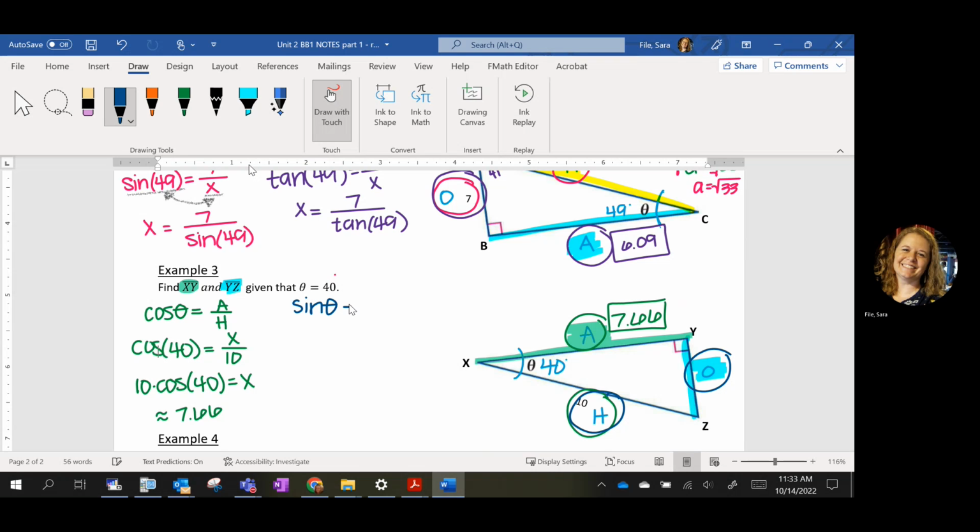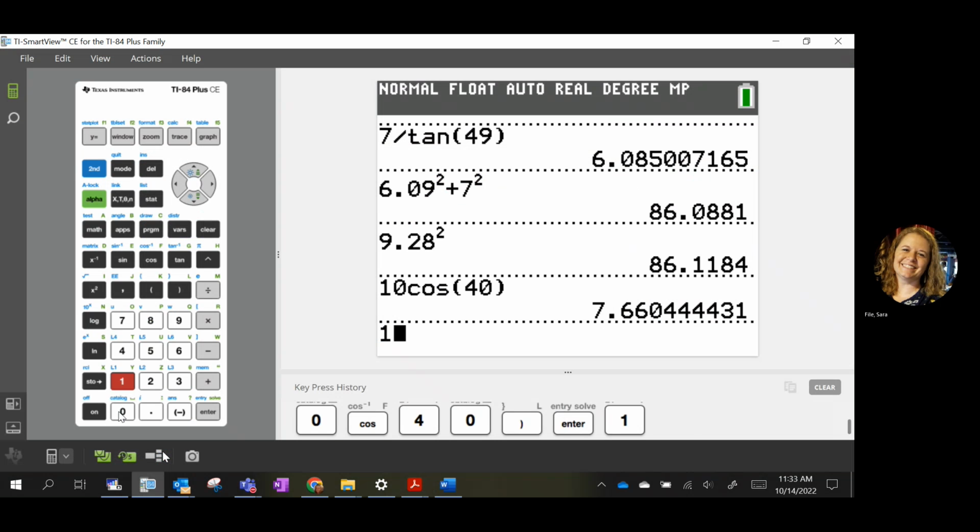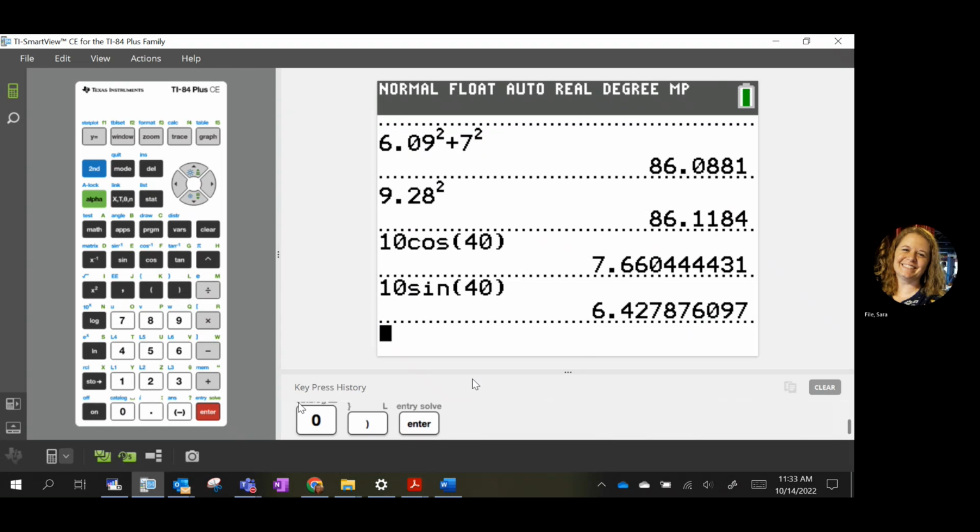Very good. So I plug in, the angle is 40. The hypotenuse is 10. I'm missing the numerator again, so I just multiply 10 times sine of 40. And that's 6.43.